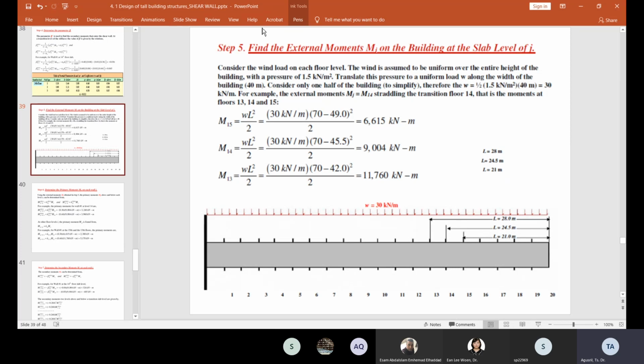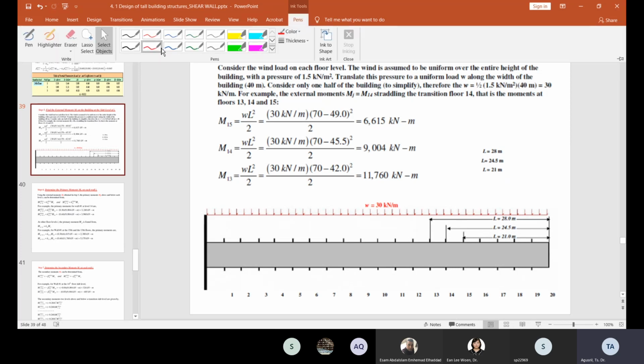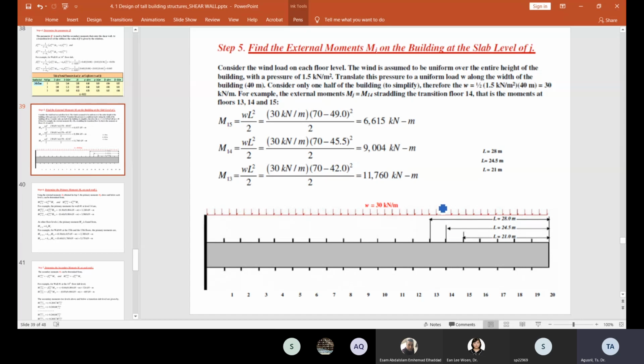And then in our discussion we will focus on this wall for level 14. In order to get the moment acting on level 14, and then level 13 and level 15, we need to know the lever arm, the lever arm from the rooftop to the location of the wall.